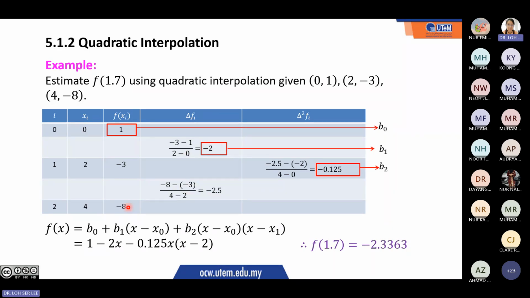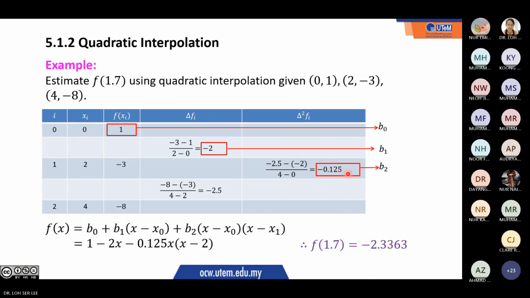To get this, -8 minus -3, that means this will be a plus, over 4 minus 2. And the last one, you use -2.5 minus -2, minus, later you get a plus. Then you trace this back to the y, there is a 4, and here you trace up to the y, you get a 0, 4 minus 0 at the bottom.